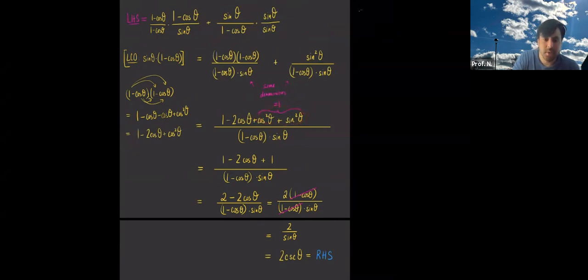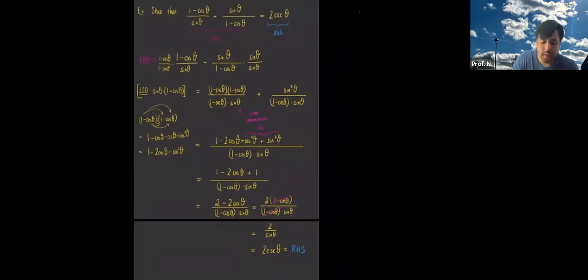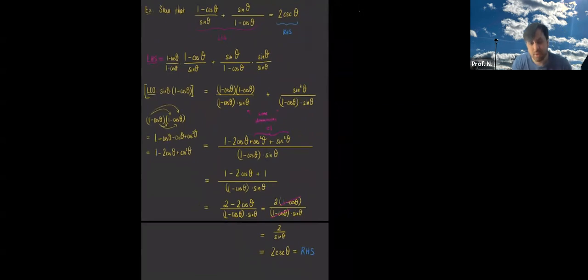So remember, cosine squared plus sine squared will always equal 1. And then we were able to factor and simplify, and we were able to show that indeed the left-hand side, 1 minus cosine theta over sine theta plus sine theta over 1 minus cosine theta, does indeed equal 2 cosecant theta.